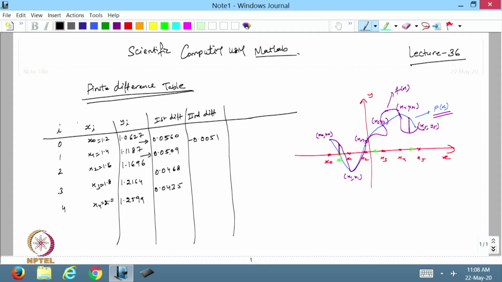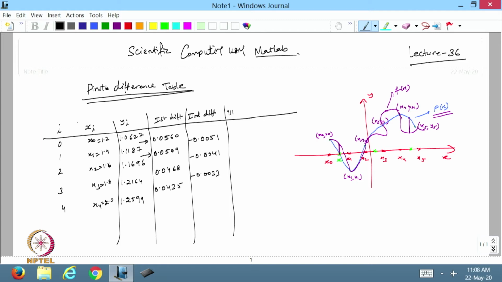It is smaller than this one, so that is why the negative sign is coming. Then next will be minus 0.0041, and the next value will be minus 0.0033. Okay, so that is the second difference, and we are now left with only 3 values.